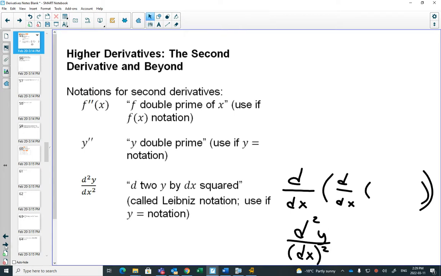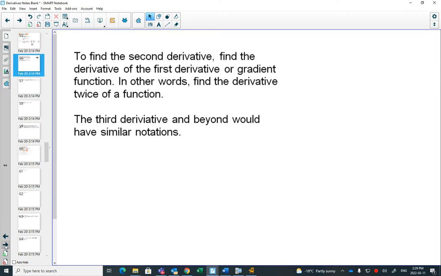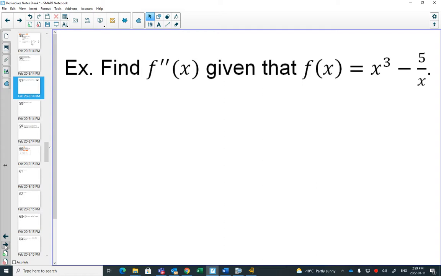Okay, so what does this mean for us? Well, finding the second derivative just means you found the first derivative first. You've got your answer. Usually it's helpful to simplify it a little bit so that when you take the derivative again, you can do the derivative again. So what does this look like for us?